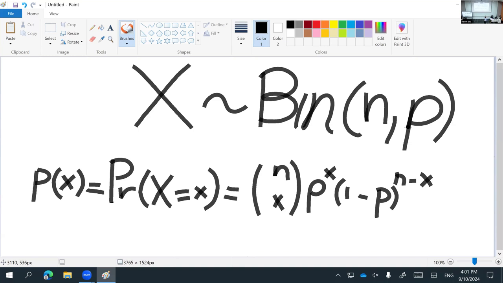I'm going to write that word down. This is called random variable. The big X is called a random variable.